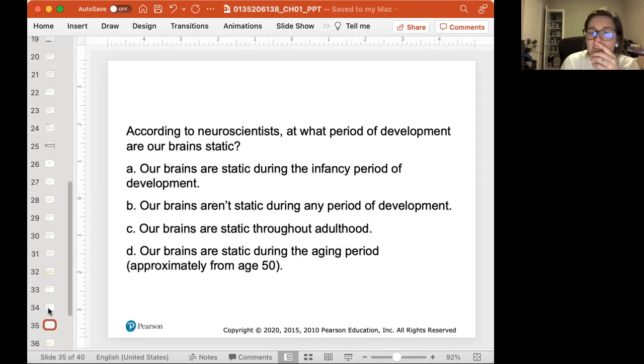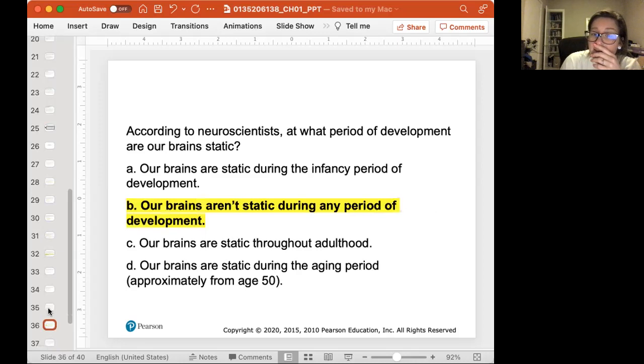During infancy, they aren't at all. Throughout adulthood, and during the aging period from the age of 50. A, B, C, or D? They aren't static during any period of development, constantly moving.